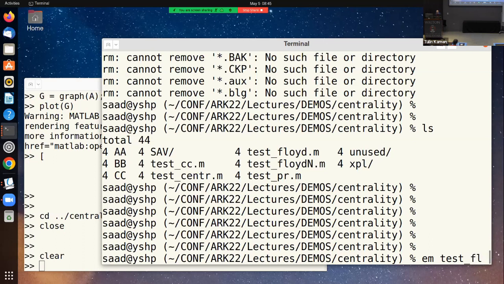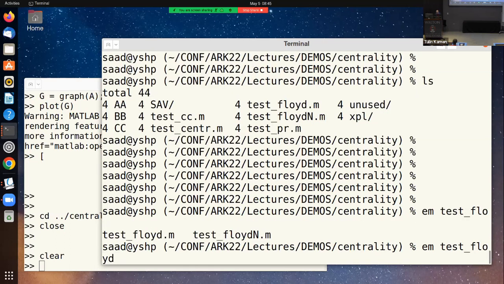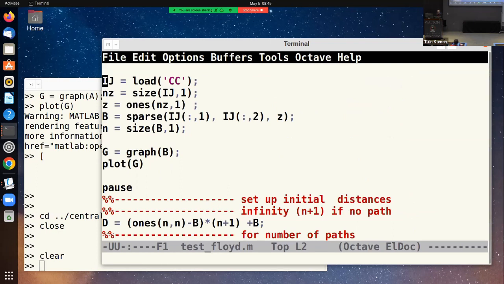To implement that, I used my own implementation of the all-to-all shortest path, the Floyd-Warshall algorithm. Let's go through this a little bit. We take a little bit of time to look at this. I have a matrix in here, which is called CC, which is simply an adjacency matrix, just like before.